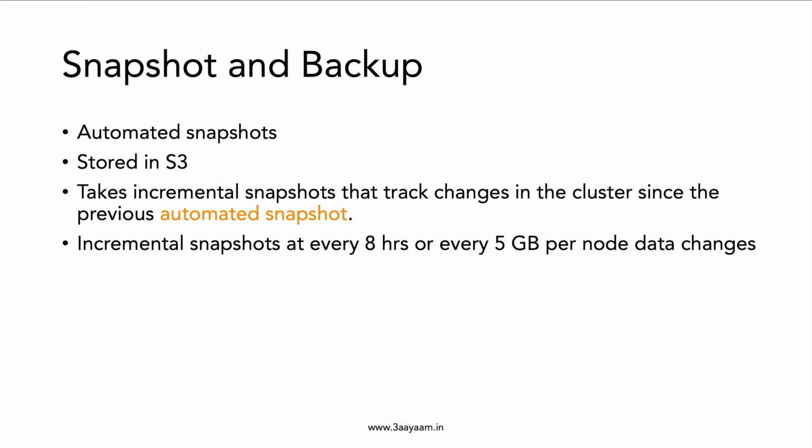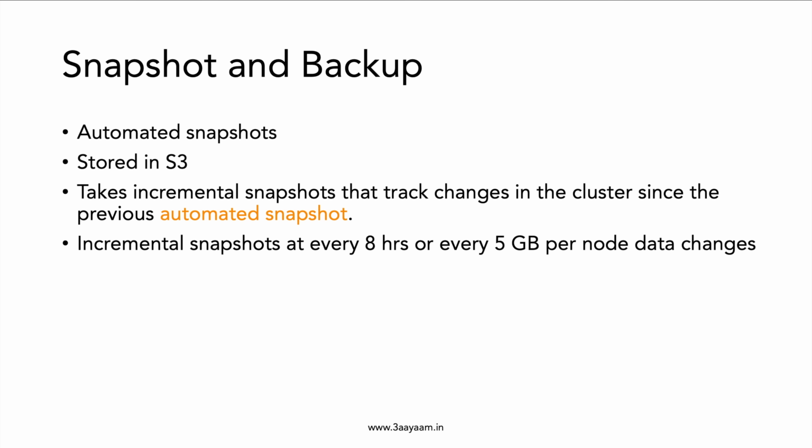Now, these incremental snapshots are taken every 8 hours or every 5 GB per node of data changes. Again, if I pull up the example that I've just talked about, you have 200 GB of data. You take the snapshot today, so today's snapshot size would be approximately 200 GB. And you make 20 GB of changes. Let's say we are using only one node.